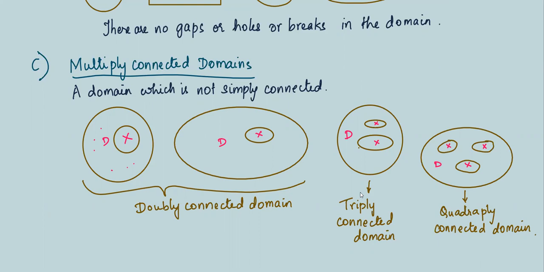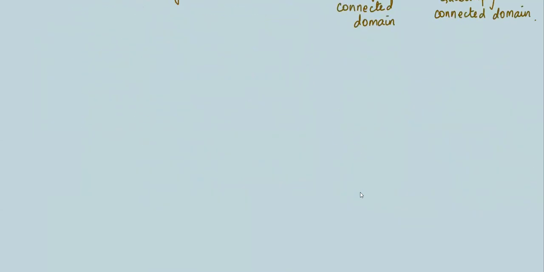So it will be a doubly connected domain, even if one point does not belong to D. Okay. So now comes the basic definition of Cauchy's integral theorem.